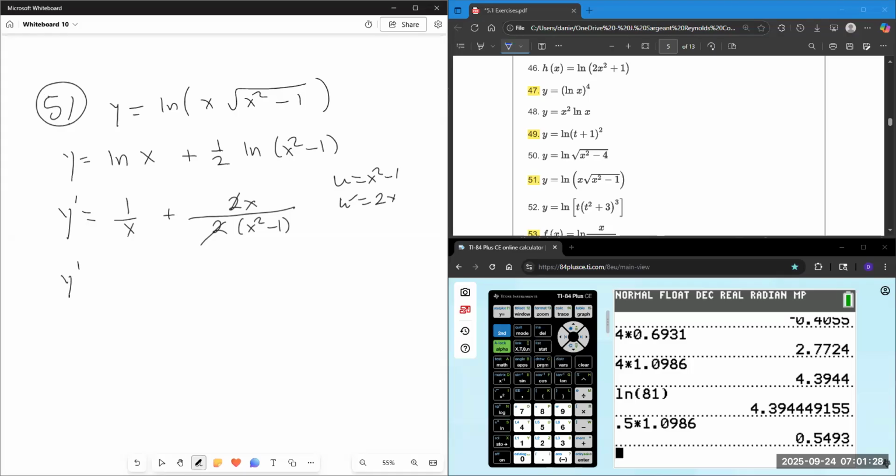So my y prime is 1 over x plus x over x squared minus 1, and x squared minus 1 over x squared minus 1, and then multiplied by x over x here. Y prime is x squared minus 1 plus x squared over x times x squared minus 1, is 2x squared minus 1 over x times x squared minus 1.